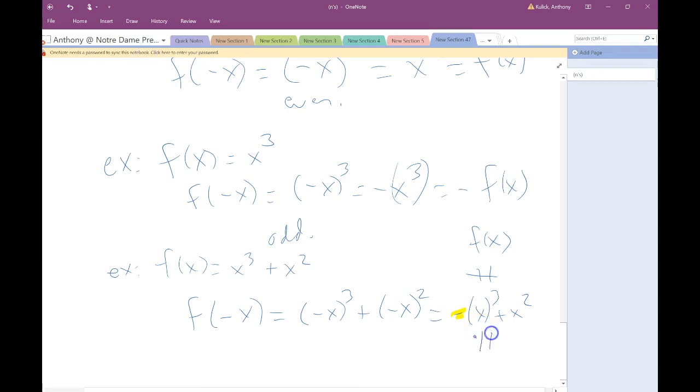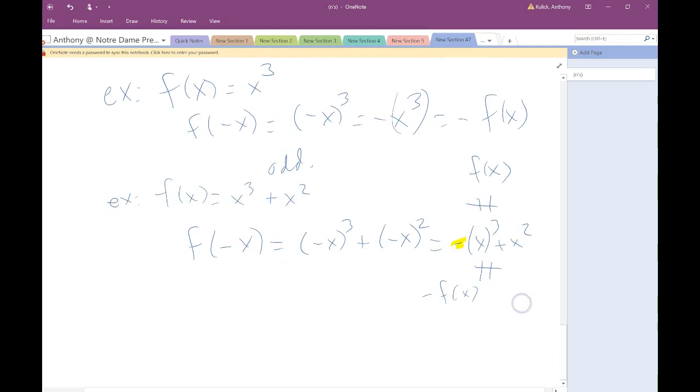And we see that this is not equal to negative f of x because that would be negative x cubed minus x squared. So we would say this is neither. Up here we showed it was not even. Down here we observe it's not odd, so this is neither.